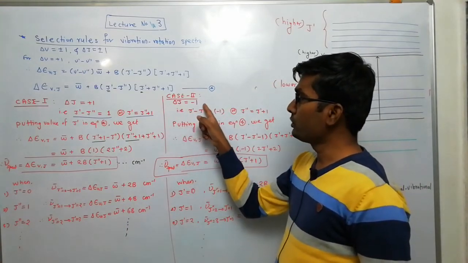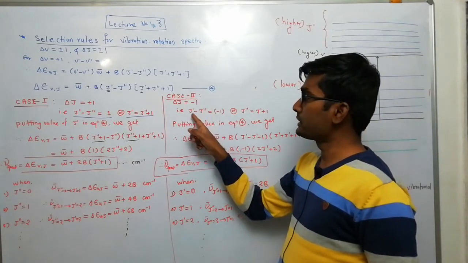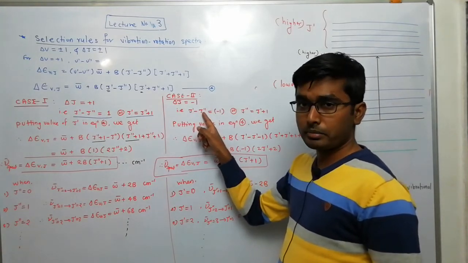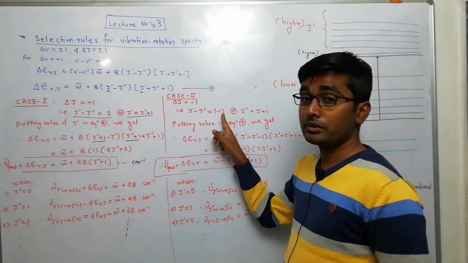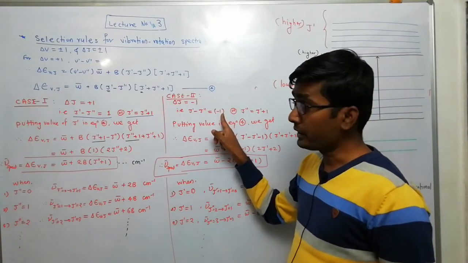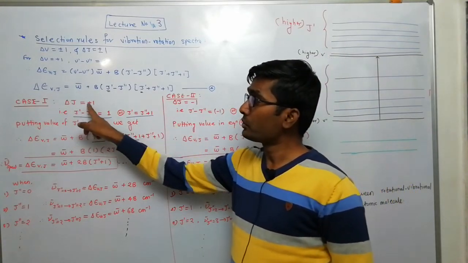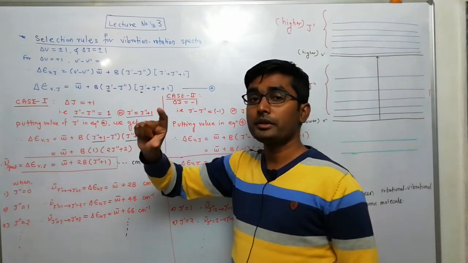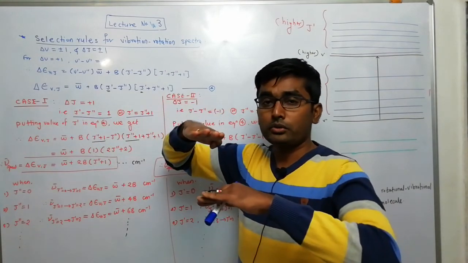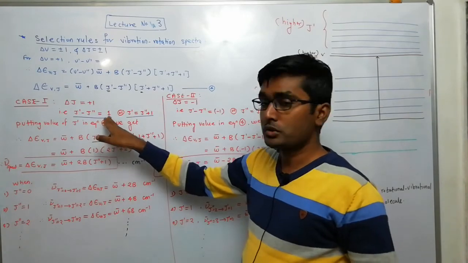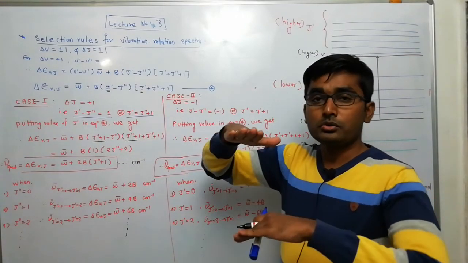Delta j equal to minus 1, that is j prime minus j double prime is equal to minus 1. Look carefully. Okay, here delta j equal to plus 1 means that the difference between the upper rotational energy level and the lower rotational energy level is equal to plus 1, and here the difference is equal to minus 1.